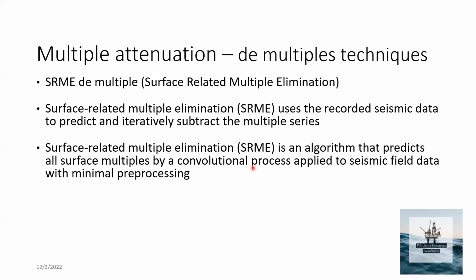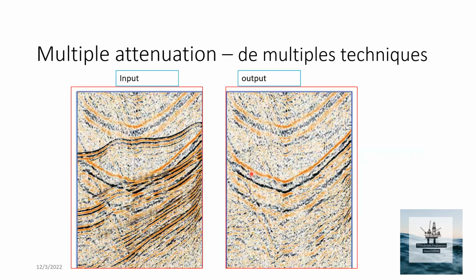Another technique is called SRME, which is very common in the industry, surface-related multiple elimination. SRME uses the recorded seismic data to predict and iterate to subtract the multiple series. It's an iterative method, and it's a 3D method as well.